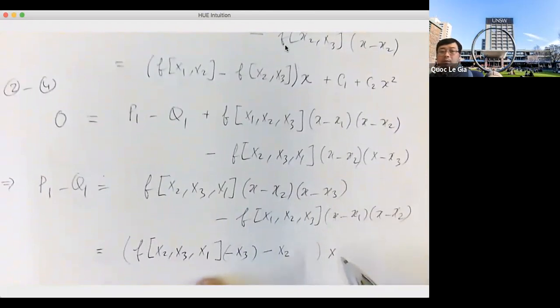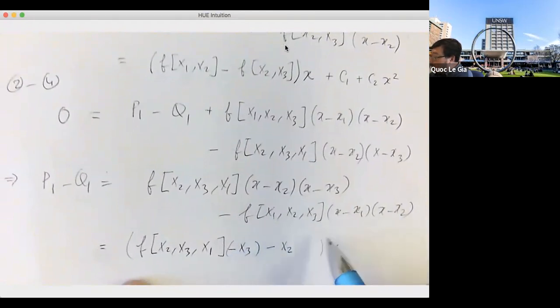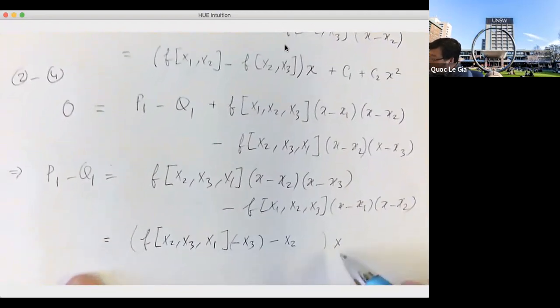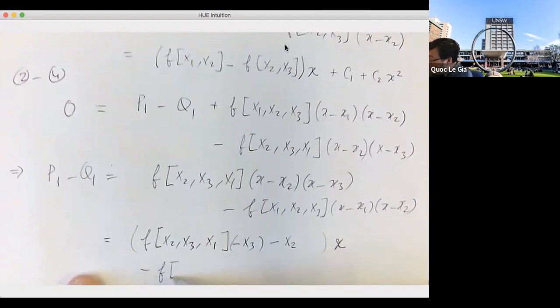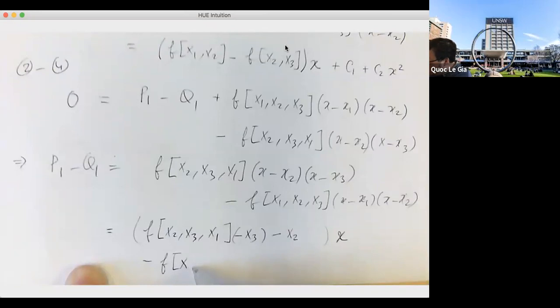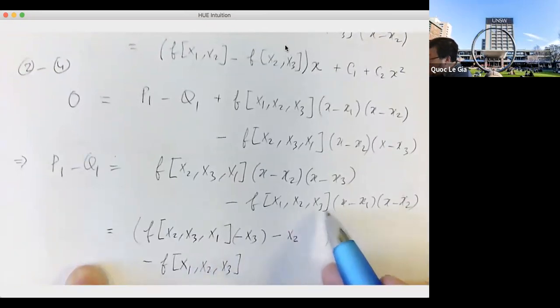So minus x3 minus x2, and then down here you have this one as well. So minus x1, yeah. Okay, now we have to be careful. So this one is x, yeah. So here you have minus f of x1, x2, x3, and here x.